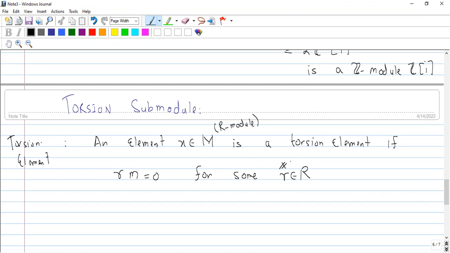Sorry, an element m of M is called a torsion element if rm is equal to 0 for some non-zero r in R.